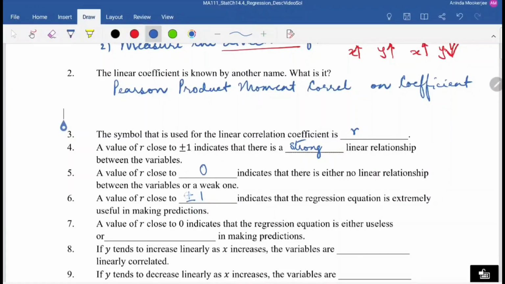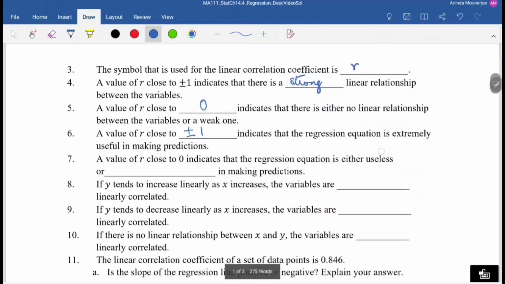If we have an r value of close to a +1 or close to a -1, that means it has a strong linear relationship, which indicates that the equation is very useful in making predictions.